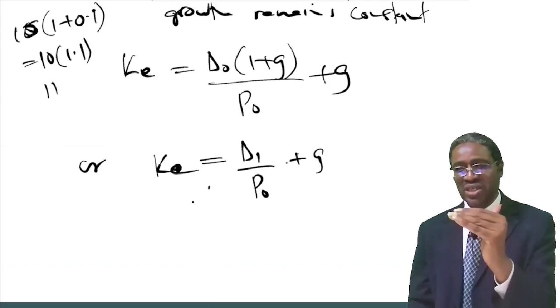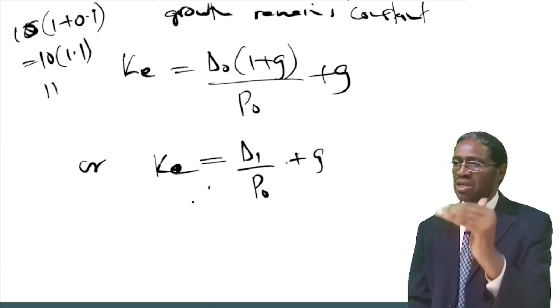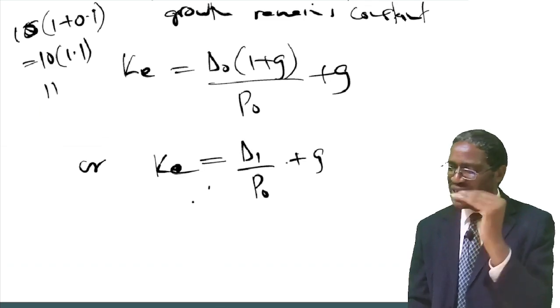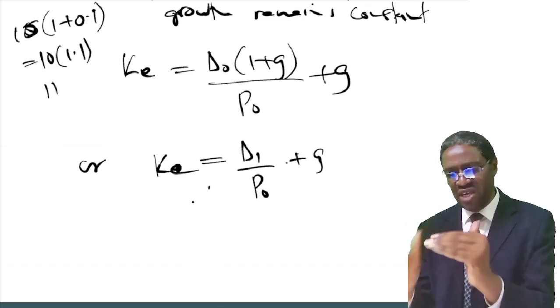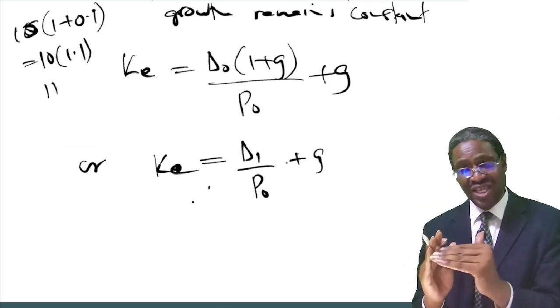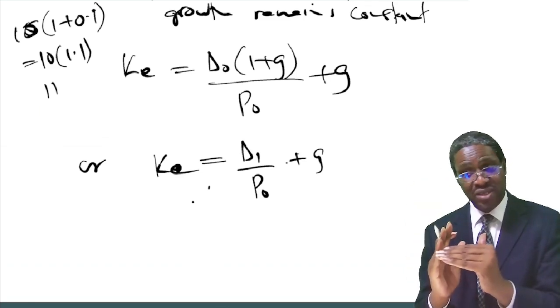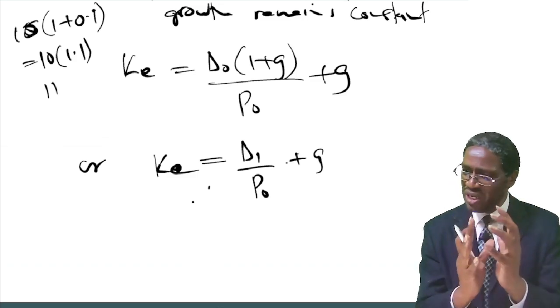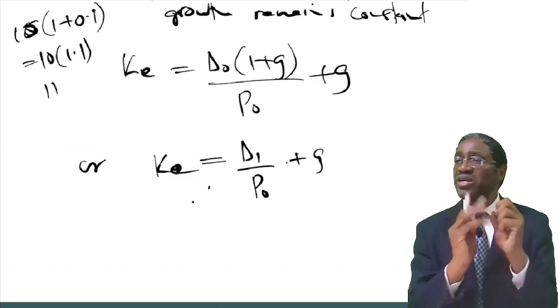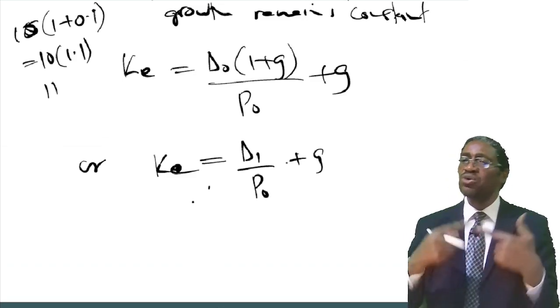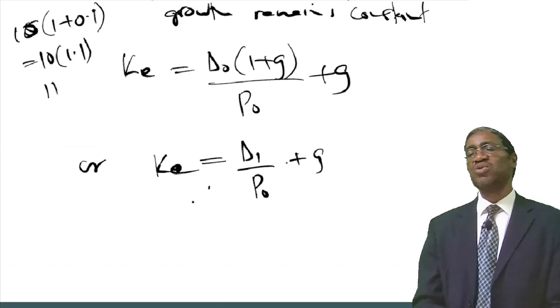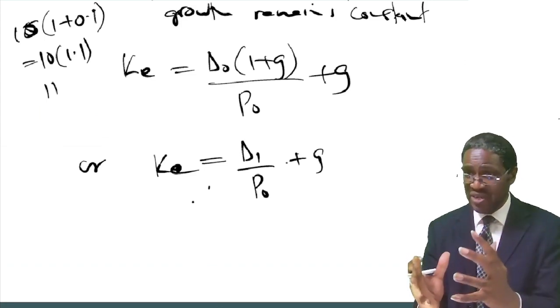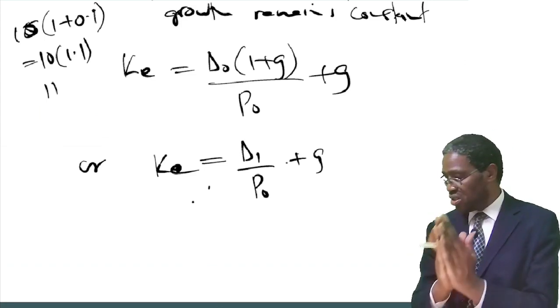The numerator represents whatever is the expected dividend. What are we expecting as dividend at the end of the year? That is the numerator. But how to get that numerator will depend on the information given to you by the examiner. If he gives you the actual expected dividend, that becomes D1.